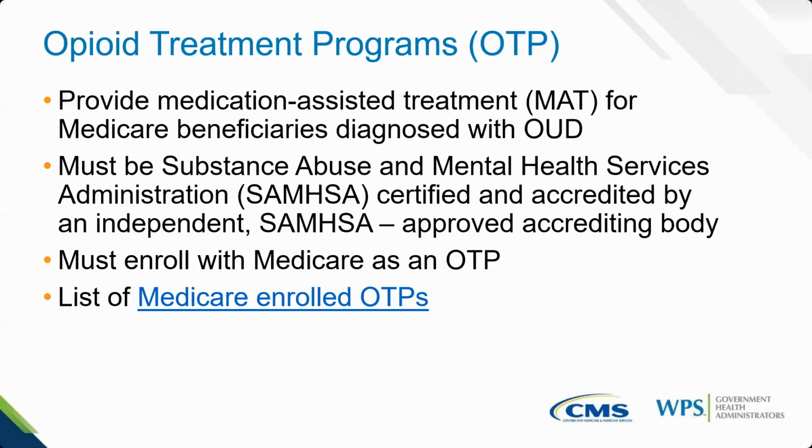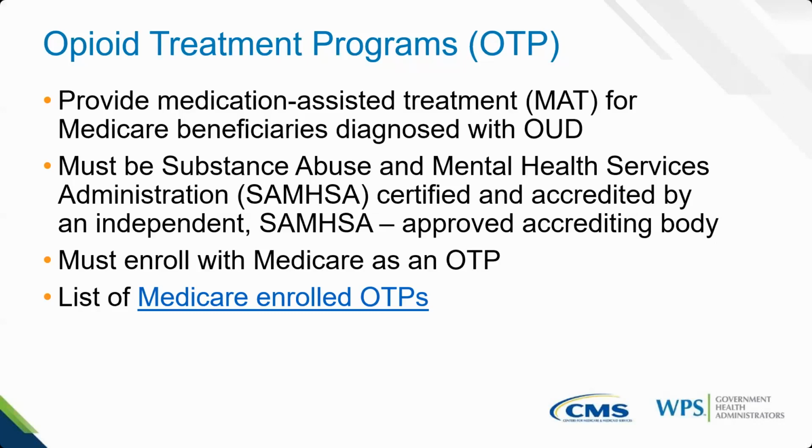Additionally, patients with Part B and an opioid use disorder diagnosis are eligible to get treatment services at an OTP. Some of these options, and we'll go through that in a little bit more detail, include providing medication-assisted treatment for those Medicare beneficiaries.